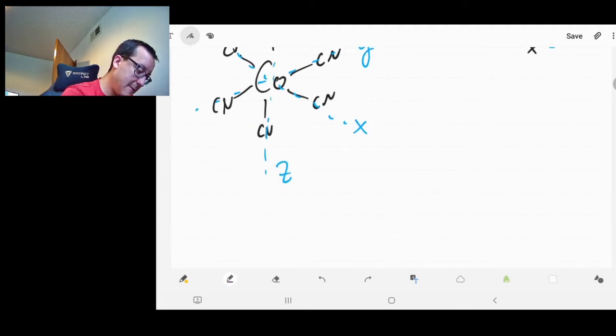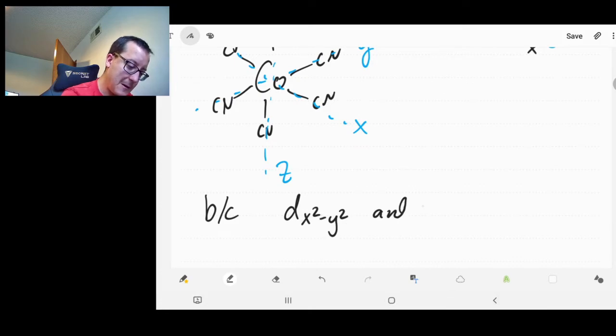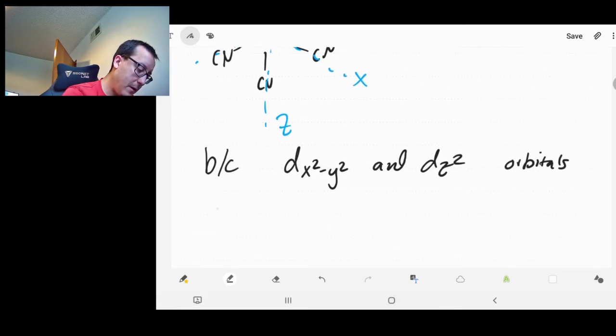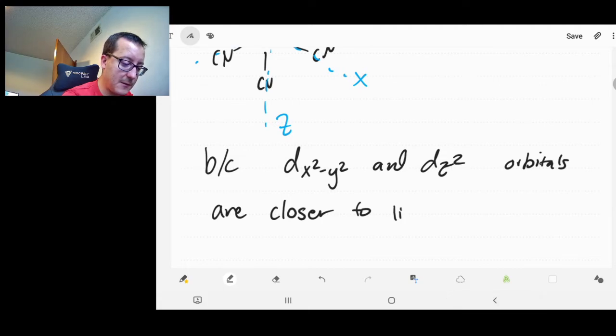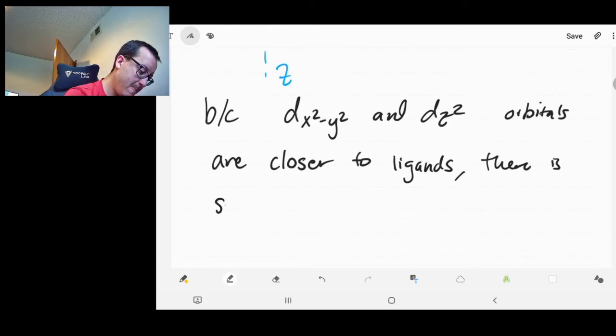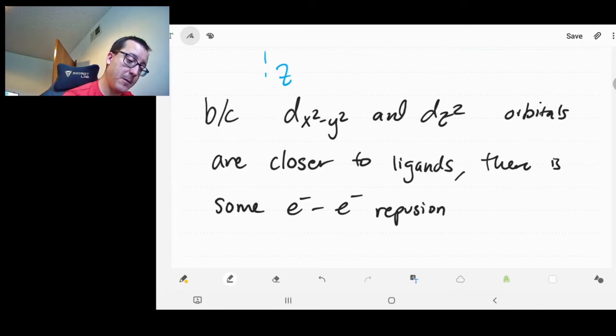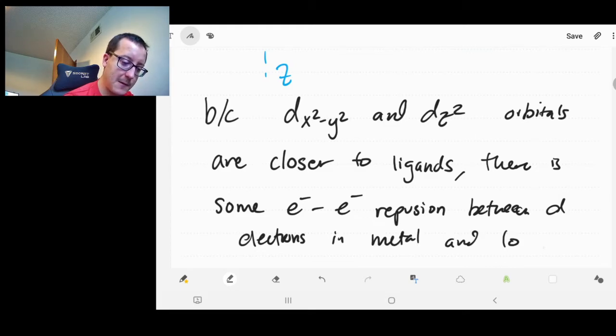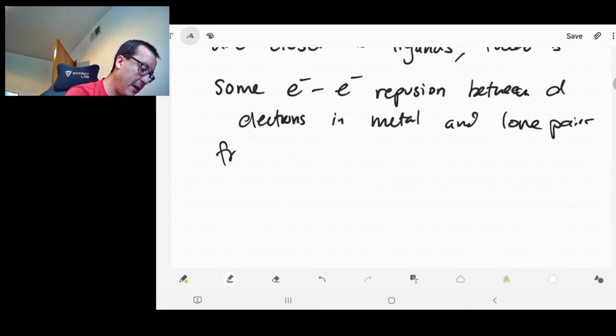And so we're going to see that the dx squared minus y squared and dz squared orbitals are going to be physically closer to the ligands. There is some repulsion there between the d electrons in the metal and the lone pairs from the ligands.